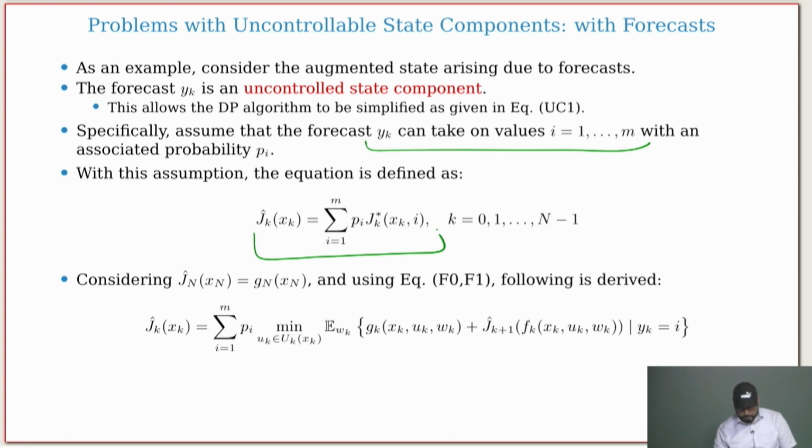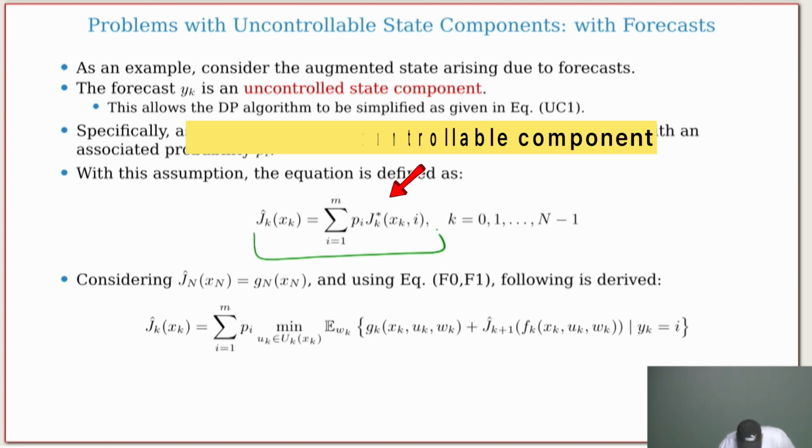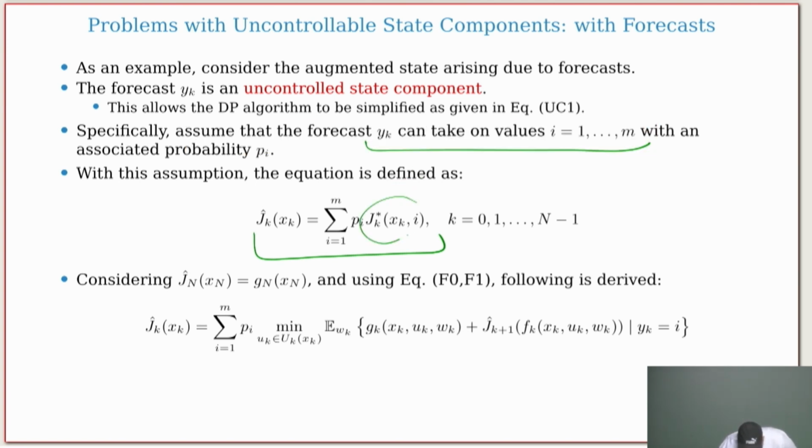So basically this is the expectation over yk, right? And now if we expand further on these, then we can write it here. So this will be our J star k.